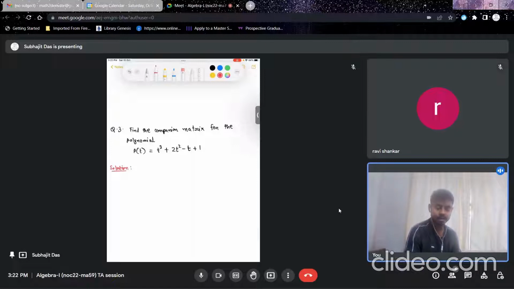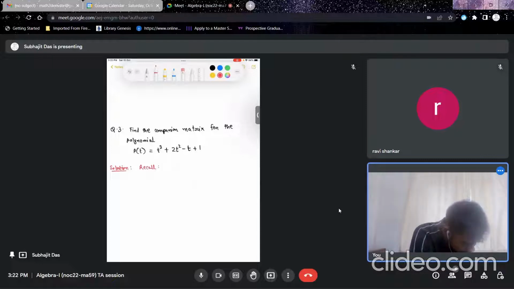So what is the companion matrix? Just recall, even though we don't need this here, that suppose I am taking this in k[t], then k[t] mod the ideal generated by p(t) is actually isomorphic to M_C(p(t)). What is C(p(t))?